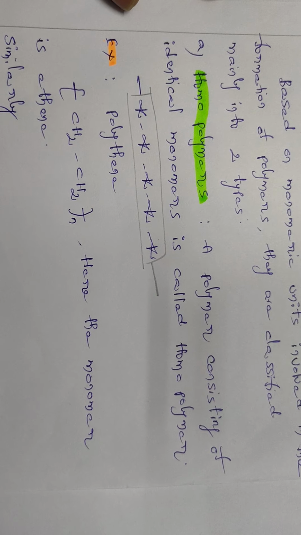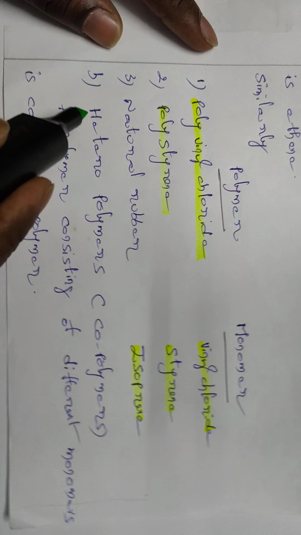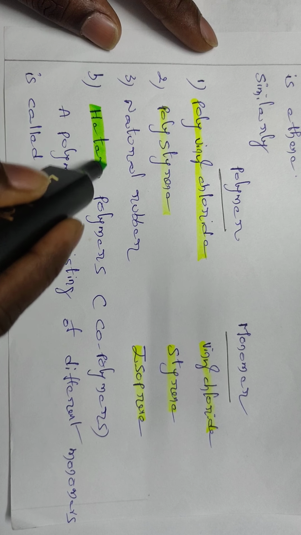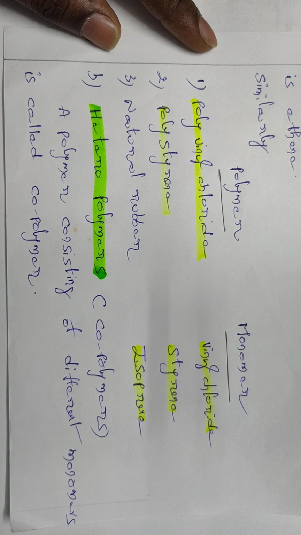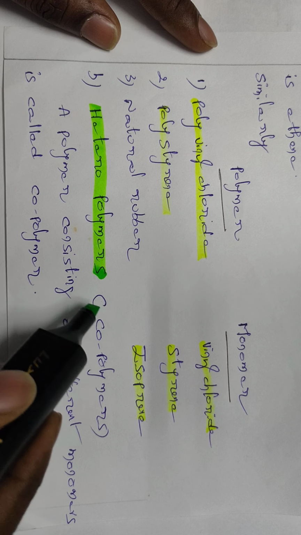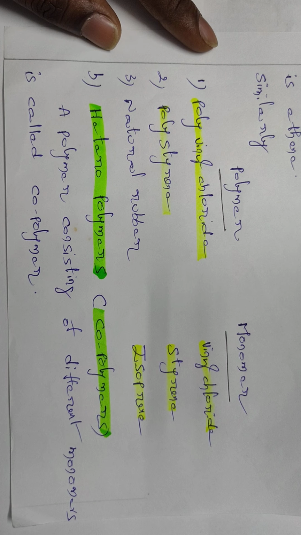Homopolymer means the polymer consisting of identical monomers. And then the second type is heteropolymers. Based on the monomeric units, polymers are mainly classified as two types: homopolymers and heteropolymers. Heteropolymers are also called copolymers. So what is a heteropolymer?